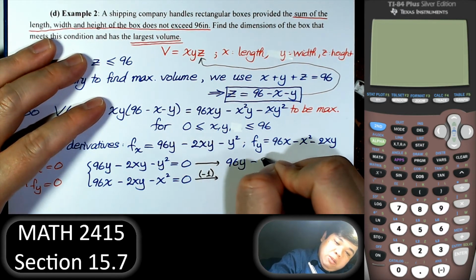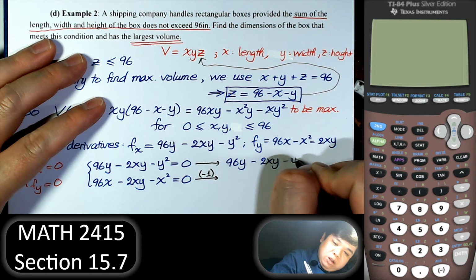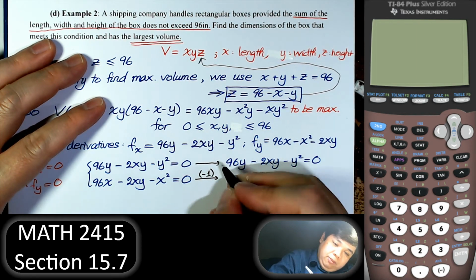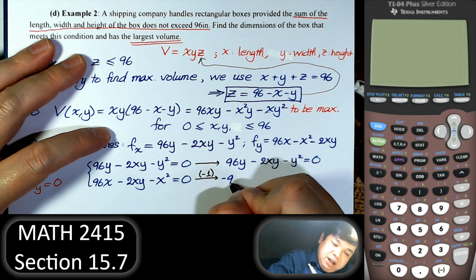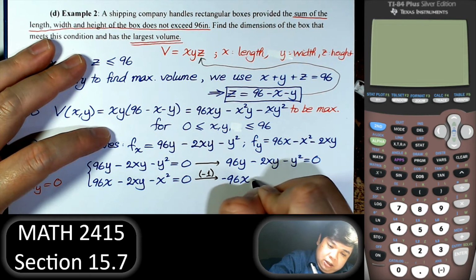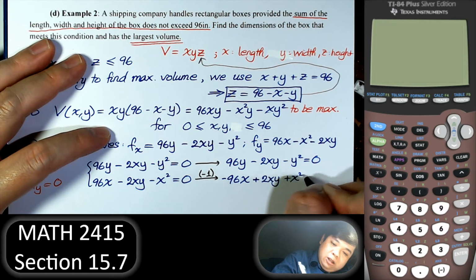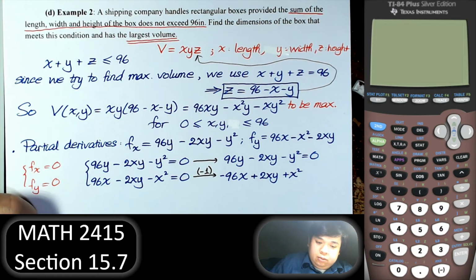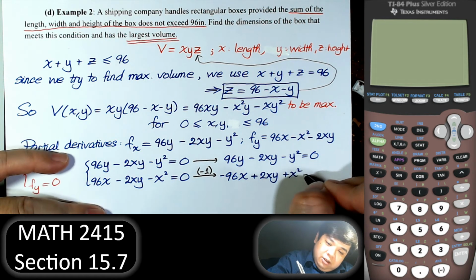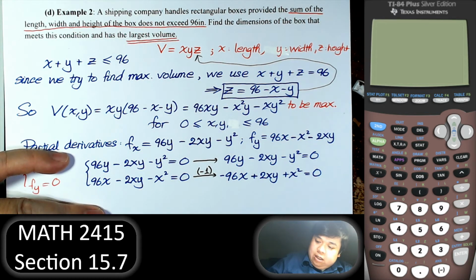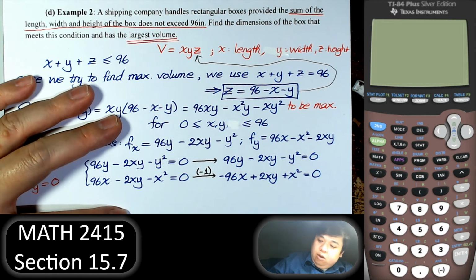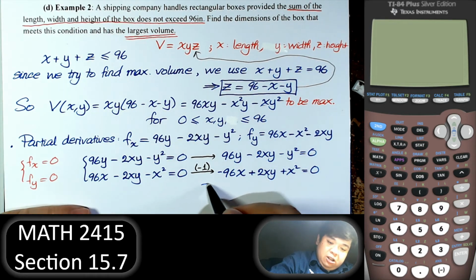96y minus 2xy minus y squared, negative 96x plus 2xy plus x squared, equal to 0. I will add side by side.